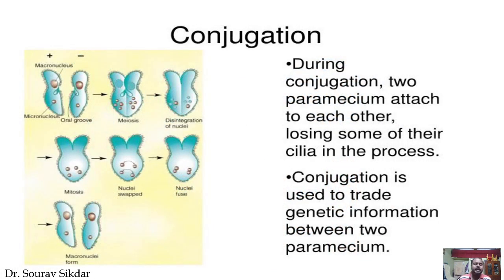With the help of this binary asexual reproduction, they can produce new paramecium. But other than asexual reproduction, they also do sexual reproduction, and this is known as conjugation. For making the conjugation, that is sexual reproduction, two partners have to be present. For conjugation they have to be present as a pair, from different strains, not from the same strain.